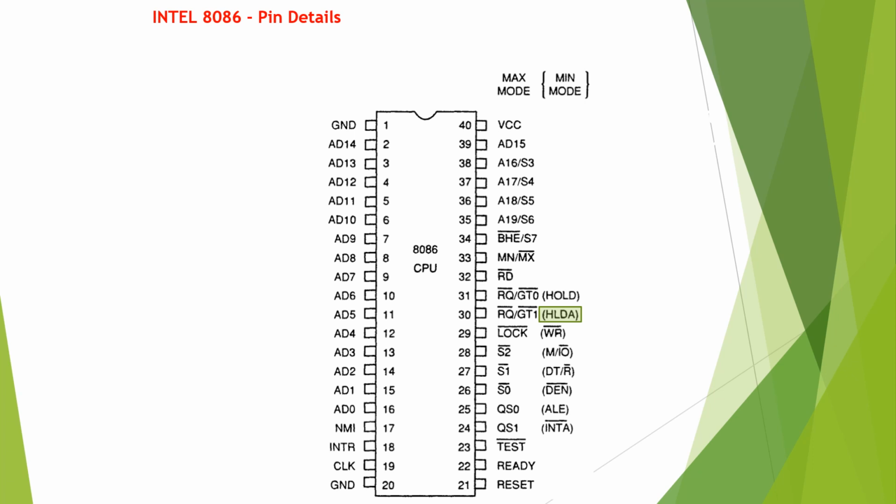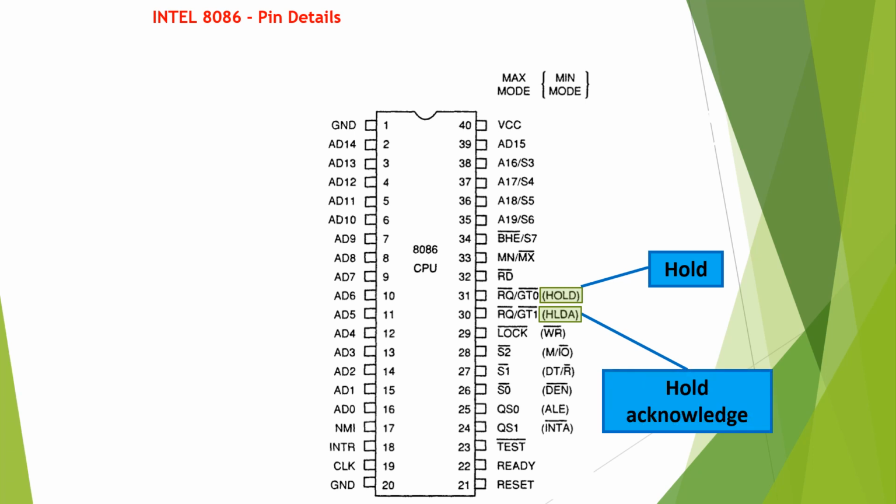The next are HLDA, hold acknowledge, and HOLD. These pins are used for direct memory access. When the hold pin goes high, it indicates to the processor that another master is requesting bus access.